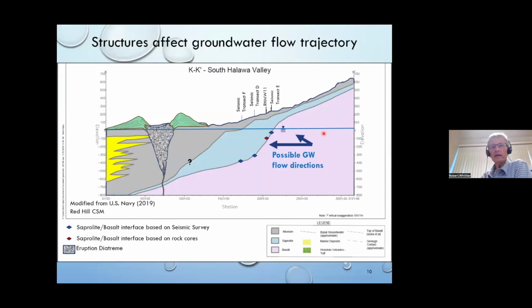If we look going down South Halawa Valley, at the possible structures that the groundwater flow would encounter and the possible directions of groundwater flow, we can see some very different risk contamination scenarios.